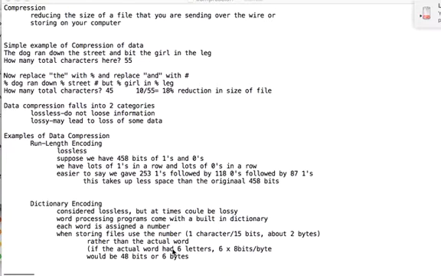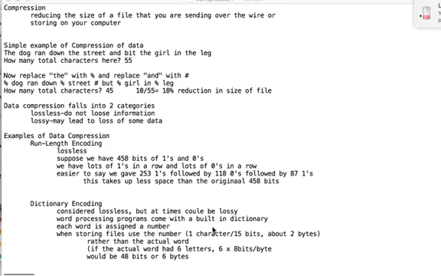Well, we can store that using a number, and we can store a number in 16 bits or 2 bytes. So we're reducing the size of any word in our file that can be found in that dictionary. We're reducing the file size substantially because, again, instead of using 6 bytes for a 6-letter word, I'm only going to use 2 because those 2 bytes would be referencing a specific number of a word from that dictionary.